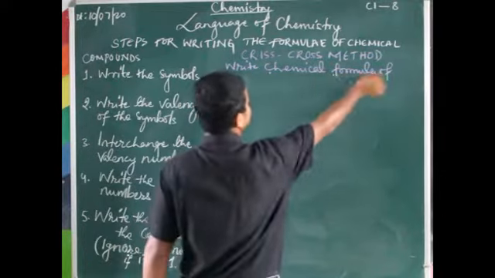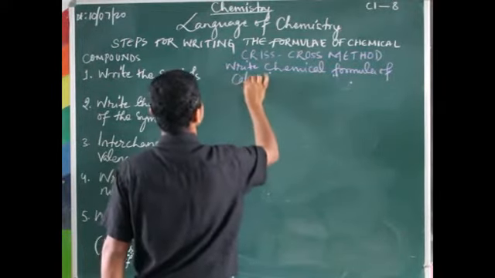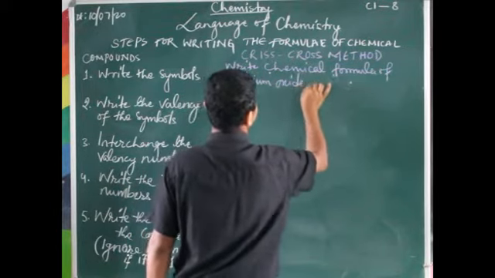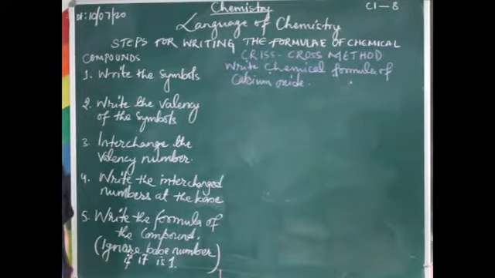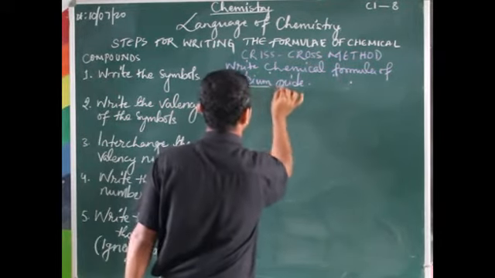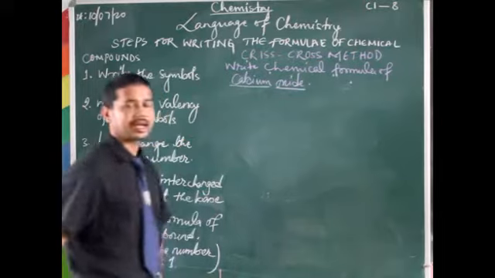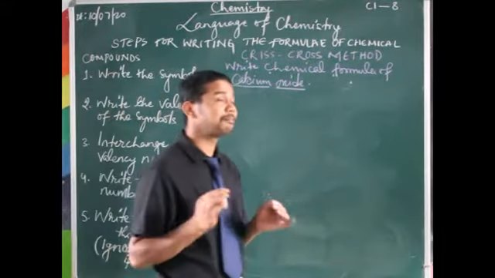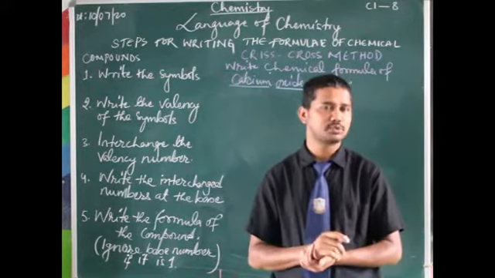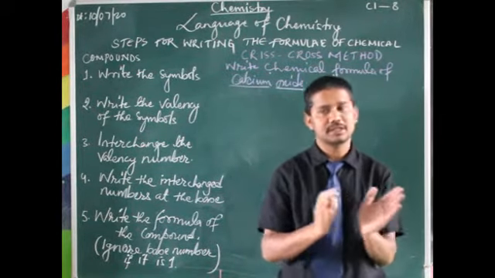So write the chemical formula of calcium oxide. Calcium oxide. Now here 2 parts are there. As I have said already, a compound is made up of 2 parts. One is positive part, one is negative part.